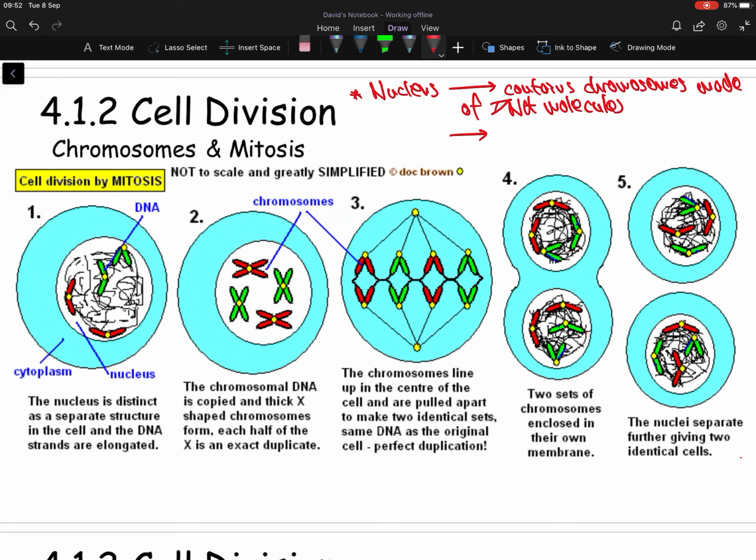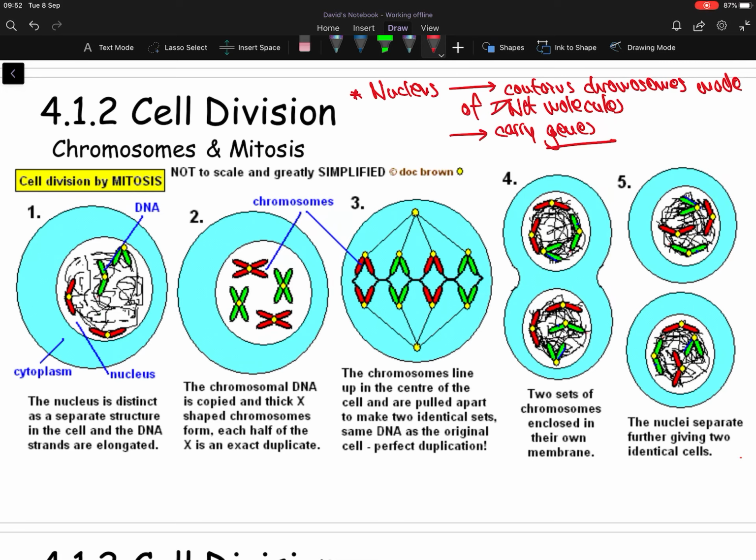Now, these themselves, chromosomes, carry genes. And genes determine features of who or what an organism is.